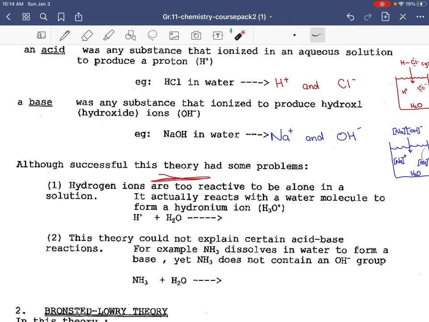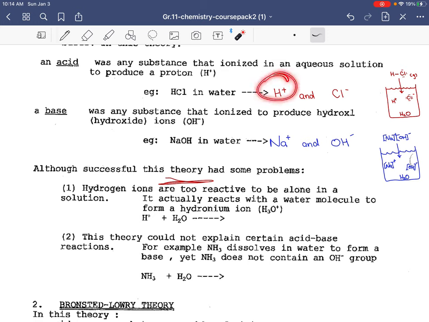Okay, so let's take a look at what's happening. What we know right now is that acids make lots of H plus, bases make lots of OH minus, but H plus is actually very unstable. It really has no business being there in a solution as a standalone. Meaning that H plus doesn't exist. If it does, it doesn't exist for a long time. It will try to find something to react with.